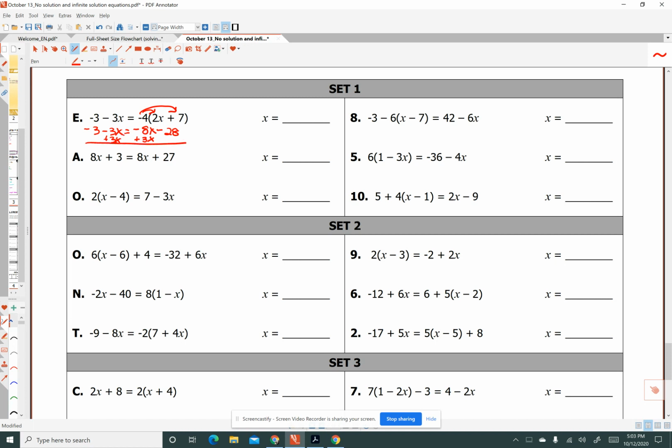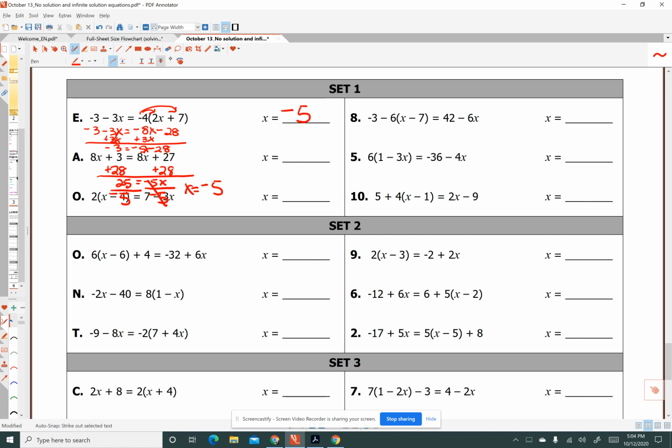And that gives me, you might need some extra paper for this, negative 3 equals negative 5x minus 28. So I'll add 28 to both sides. I have to work down here. Which is going to give me 25 equals negative 5x, and when I divide both sides by negative 5, x equals negative 5.